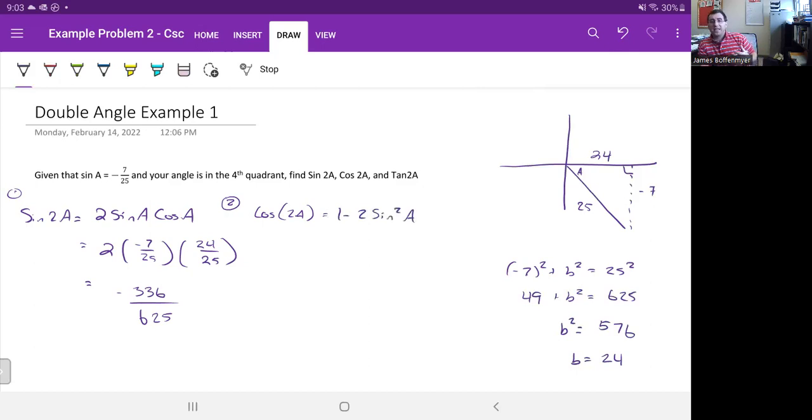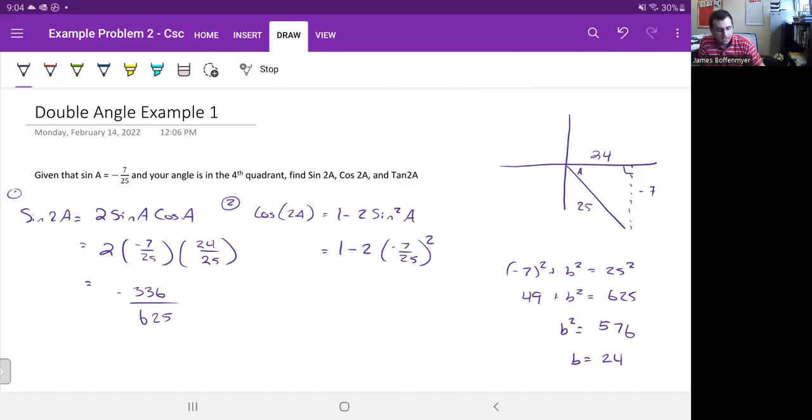The reason I'm choosing that one, like I said earlier in this video, is that I'm given the sine value, so I'm going to work off of what I'm given first. So that means 1 minus 2 times the sine squared of your angle. The sine of our angle that we were given is negative 7 over 25, and then we square it.